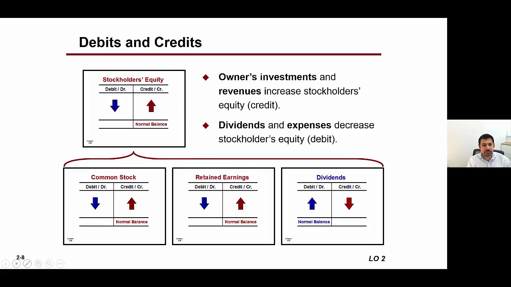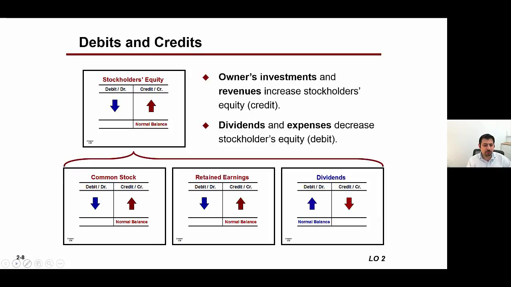Stockholders' equity is slightly different. We need to think about it from the perspective of how each account, like common stock, retained earnings, etc., affects stockholders' equity. Dividends and expenses, when they increase, decrease stockholders' equity.